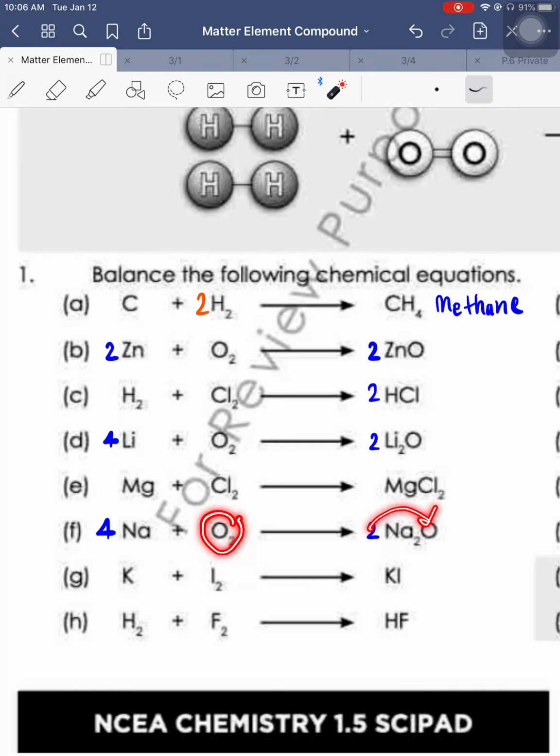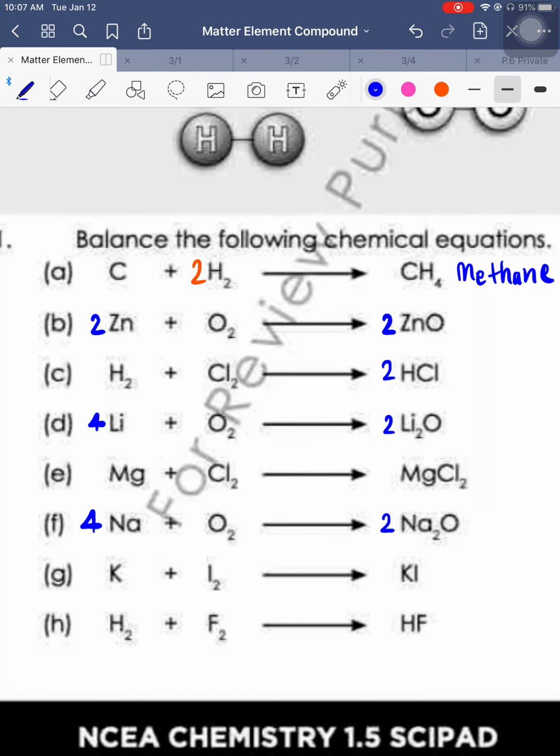Okay, happy, easy, happy. Very good student. Next, G: K and iodine. It will be 2 with this one, to make the iodine 2. What happened with potassium?